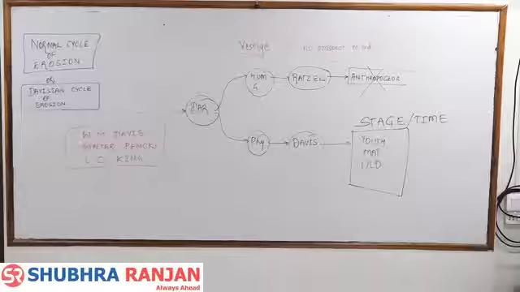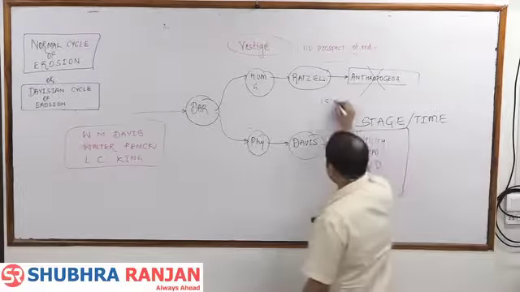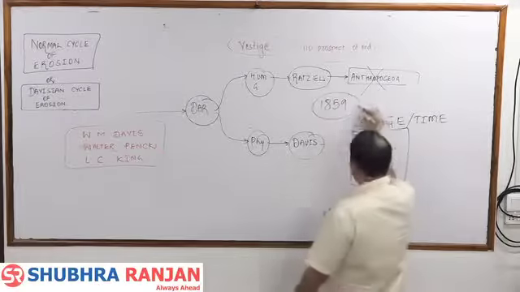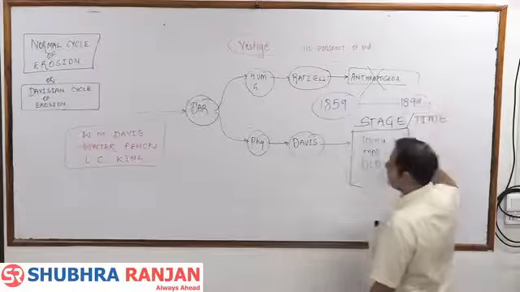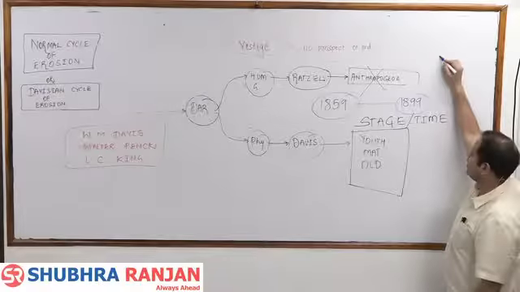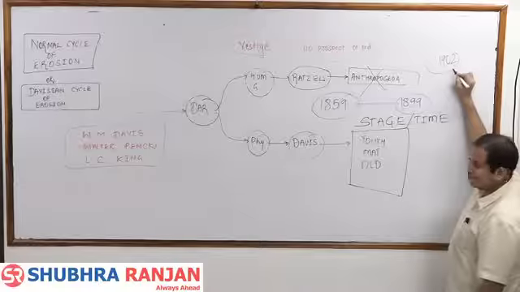When was Origin of Species published? When did Davis come? 1899. When did the concept of Anthropogeography get inspired? When did the First World War take place?